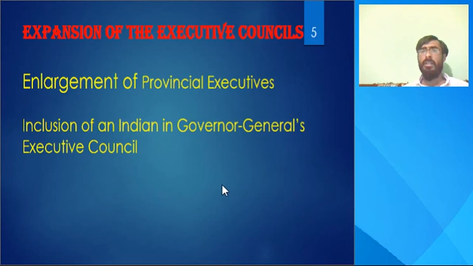Then, the next feature of this act was the expansion of the executive councils. Under this act, provincial executive councils were enlarged, and for the first time, an Indian was included in Governor General's Executive Council.